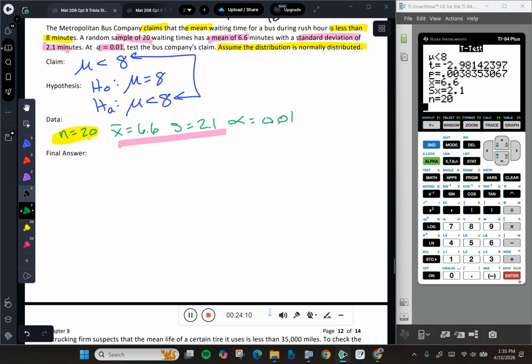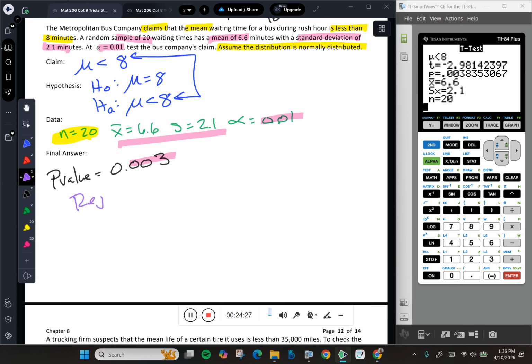But more importantly, I've got a p-value of 0.003. Now when I compare my p-value to my alpha, I see that p is less than alpha. When p is less than alpha, we are going to reject the null, and our claim is the alternate.